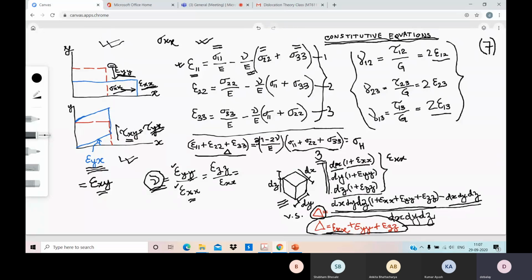So the ratio of hydrostatic stress sigma h and volume strain delta is known as what? It is known as bulk modulus, and bulk modulus is equal to E by 3 into (1 minus 2 nu).